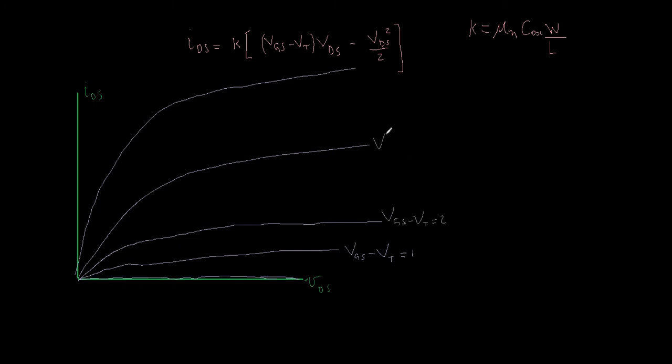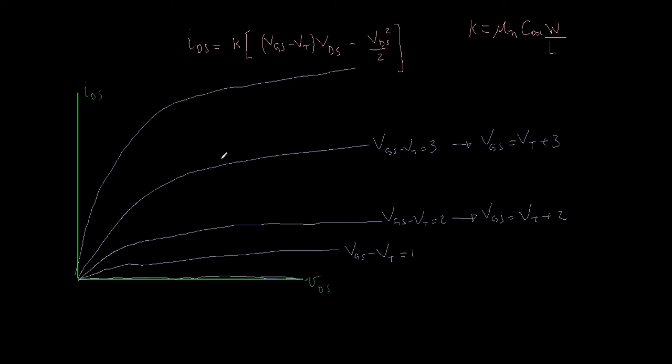For each curve there's going to be a point. Let me draw this better. There's going to be a point here where the curve becomes flat. This is called the saturation region. Again, this is also saturation, and saturation.